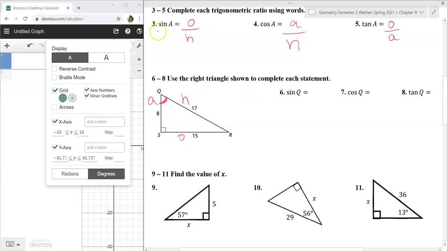So we said in number 3 that sine is opposite over hypotenuse. So for Q, our opposite is 15, our hypotenuse is 17. Cosine in number 4, we said that's adjacent over hypotenuse. So that would be 8 over 17. And finally, tangent number 5 we said was opposite over adjacent. So that's going to be 15 over 8.